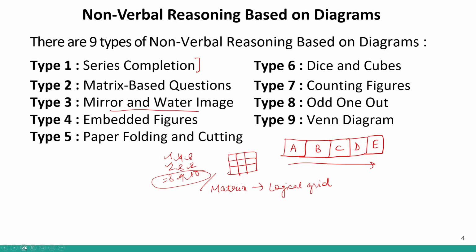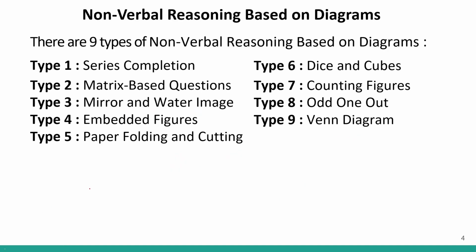Then we have mirror and water images. Mirror and water images, what do you mean by that? So let's say I have a mirror over here. This is my mirror. Okay, let us suppose this is a mirror. And over here I have a B. This is written. So how will it appear in the mirror? So if you know, in mirror and water, inverted images appear.